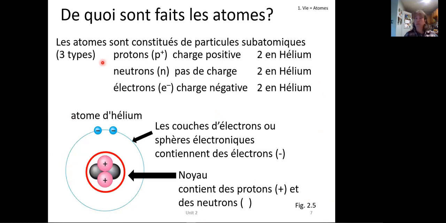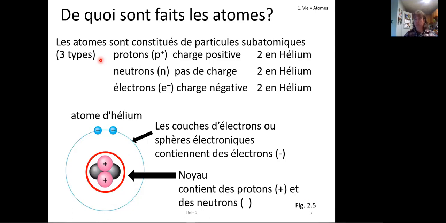Ooh. Okay. The atom is the smallest particle of an element. For example, oxygen, O2, the thing we breathe, the gas we breathe, is made up of 2 atoms of oxygen. But what are these atoms made of? They are made of particles that we call subatomic particles.